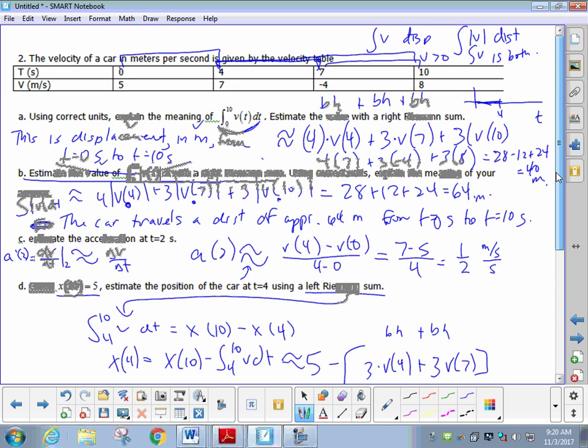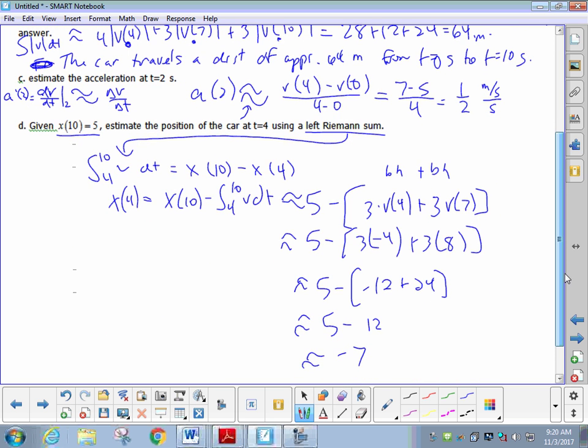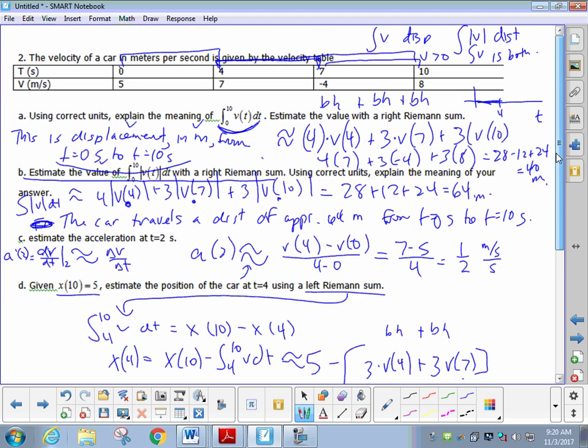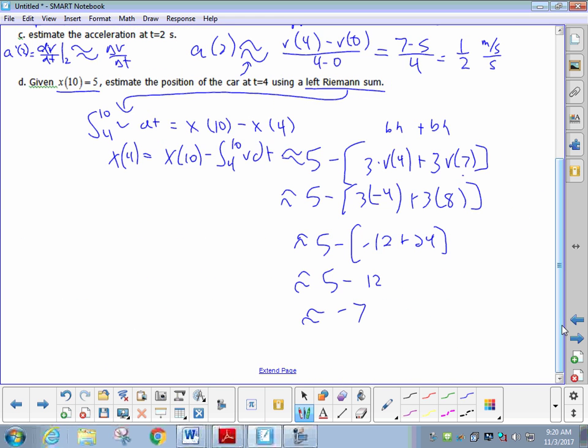Or it is before 7. Oh, I'm using the right hand, not the left hand. So 7 and 4 are these values? So the -12, no. 7 and -4. Okay, so 5 minus 9, so -2 meters.